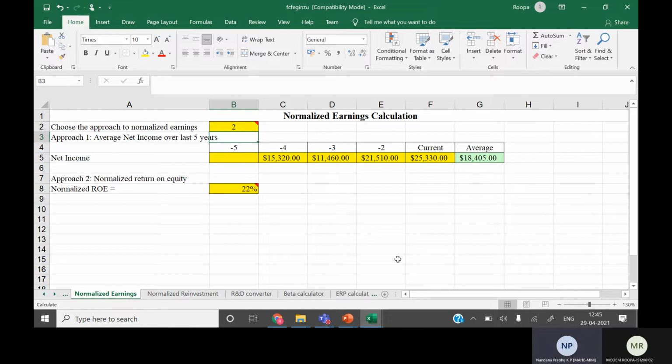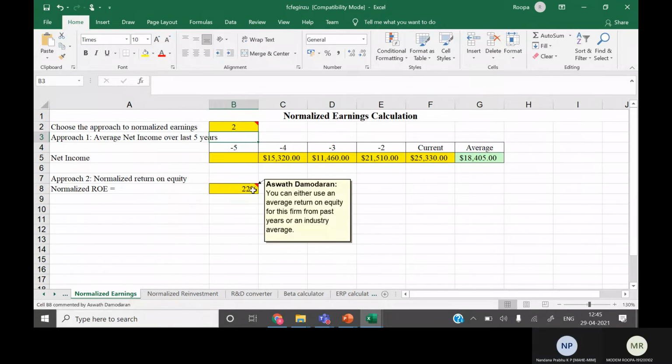We have to write the normalized return on equity, that is, the average return on equity will have to be shown here. You can either use an average return on equity for this firm of the last 5 years or an industry average. That input will have to be given by us.